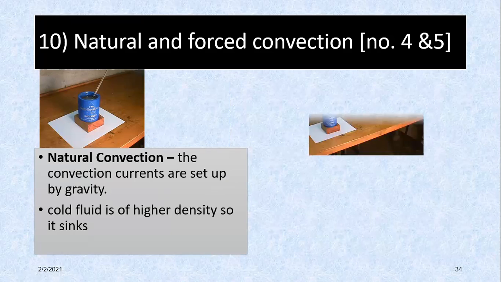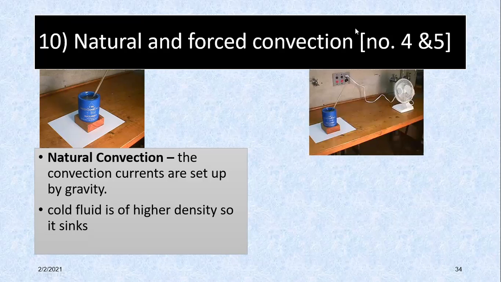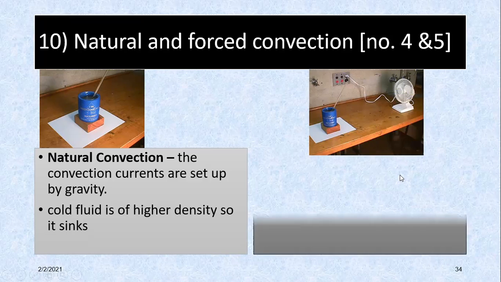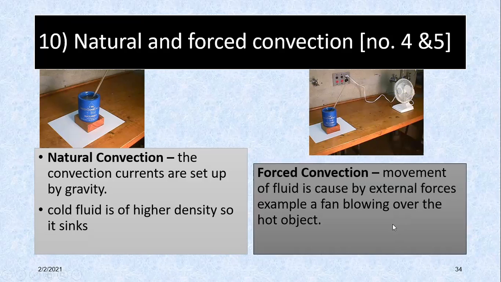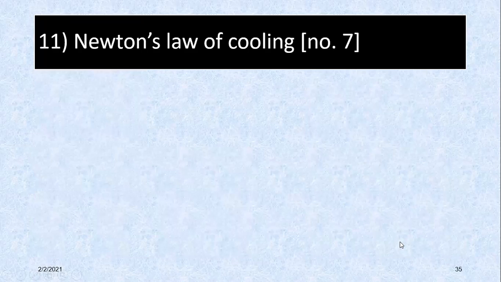That's natural convection. Forced convection, we have a fan blowing air to cool the cup of water. Movement of fluid is caused by an external force, the fan. Example, a fan blowing over a hot object. It means it's forced convection. We force the air to move.